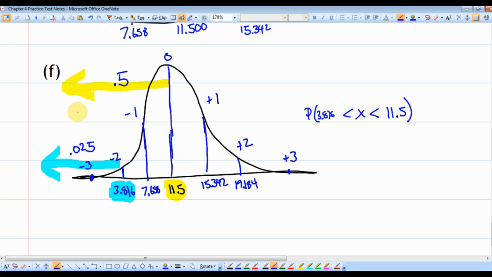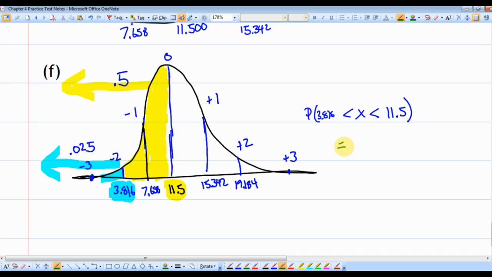And so if you want to figure out the area here, I think it's just going to be this yellow part right here, which I'll highlight. And of course, here's that blue part. So it's going to be 0.5 minus 0.025. That would be the area.